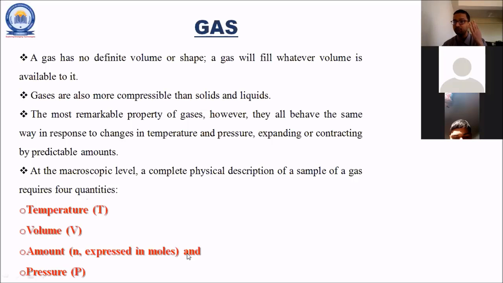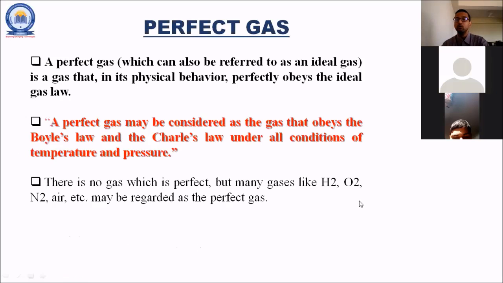And finally, the fourth parameter, that is the pressure, and it is denoted as P. So these are some of the basic understandings related to the concept of the gas.